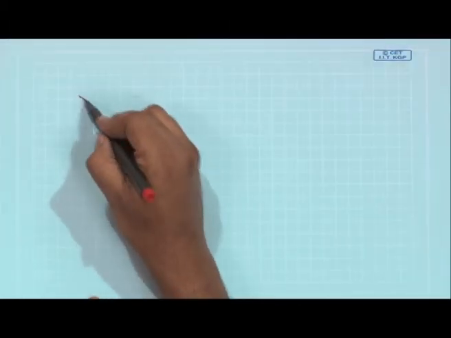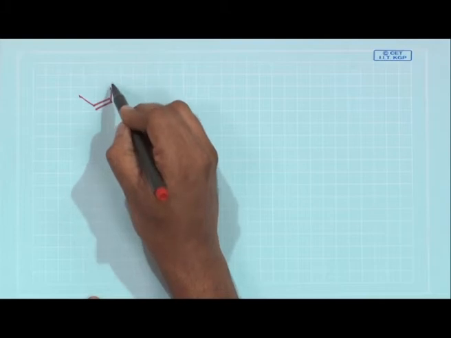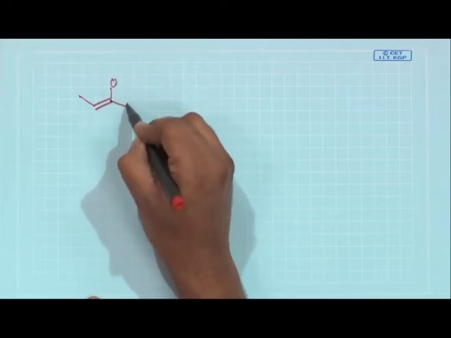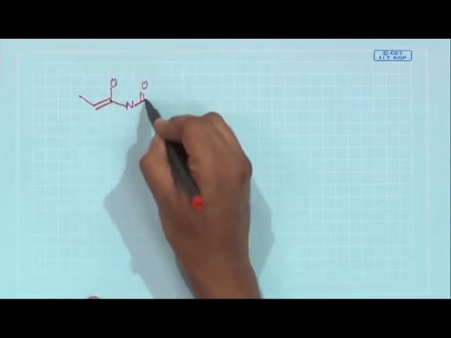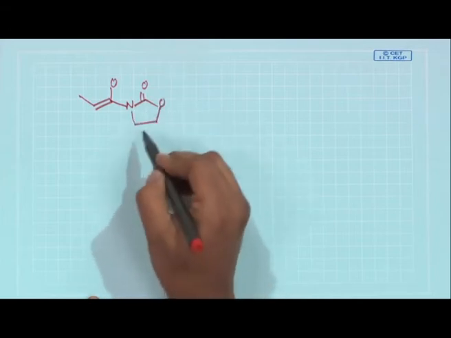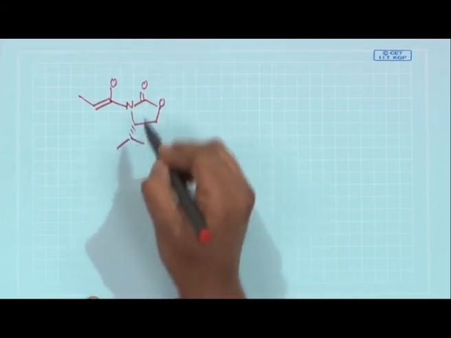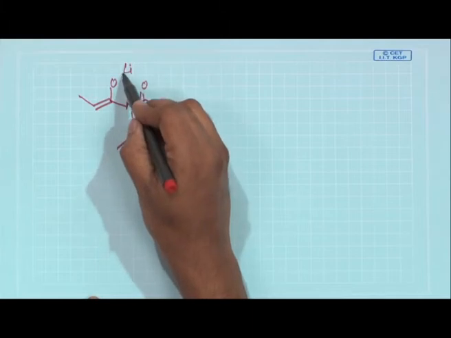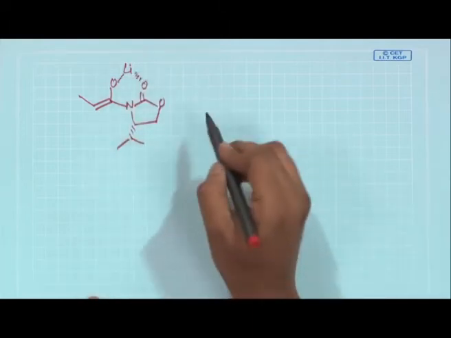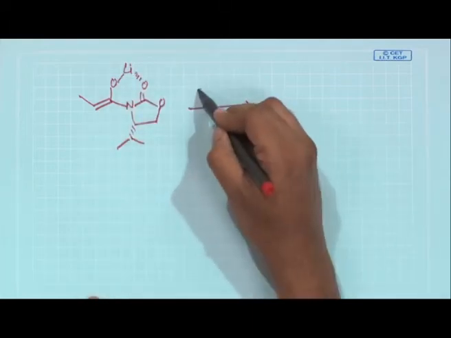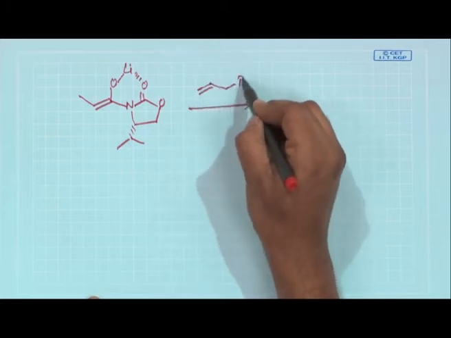Now, you have this Z enolate in this reaction mixture, N C double bond O, lithium. Now, you react with allyl bromide as your electrophile.